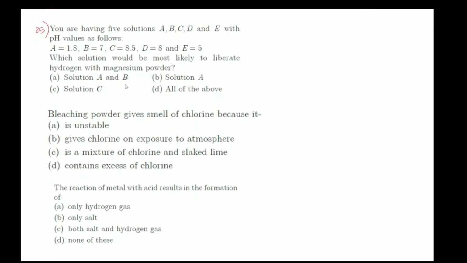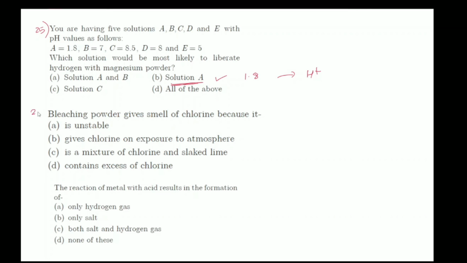Among A and B, B is neutral, so obviously the one which remains is option A. Since it has pH 1.5, a strong acid, more hydrogen will be liberated.